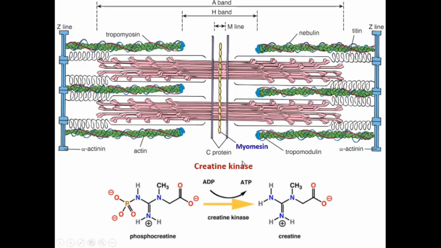The creatine kinase transfers a phosphate group from the phosphocreatine to the ADP and supplies the ATP for muscle contraction. This enzyme is located in the M line. Aggregation of these proteins in the M line creates a dark line under the electron microscope.